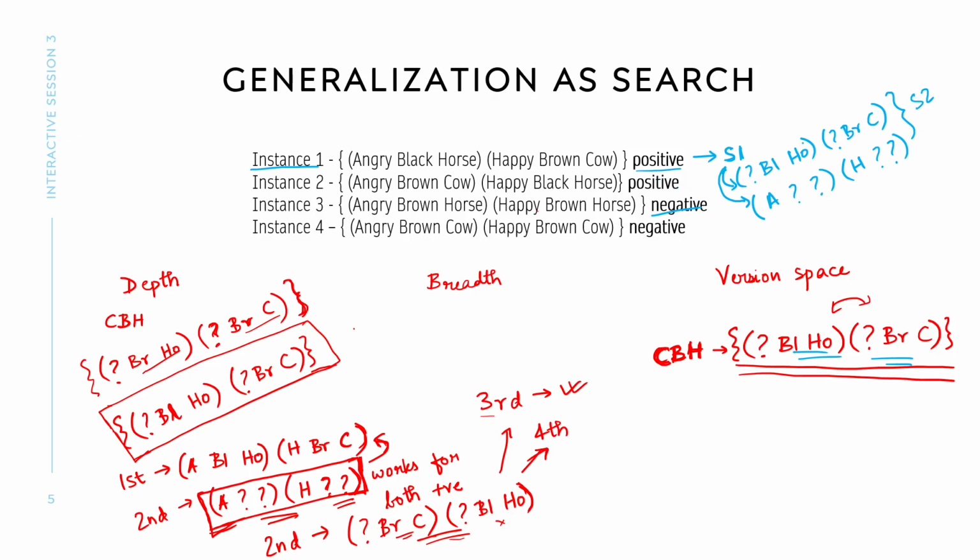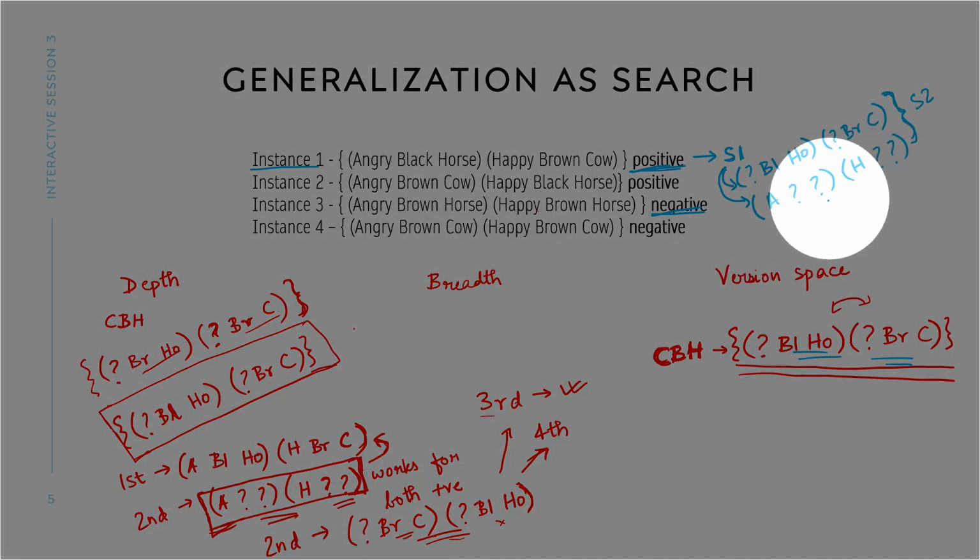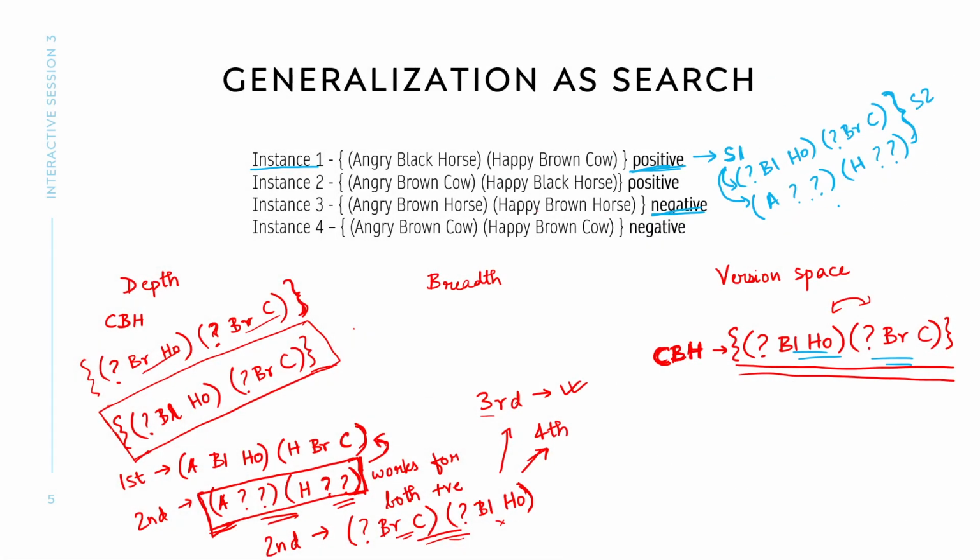So I have this covered now. I am sure that all my previous positive examples have been covered, and none of my previous negative examples are being covered with S2. So I'll go for instance 3 now, which is negative. If this negative instance matches any of these generalizations, then I should remove it from my S2.